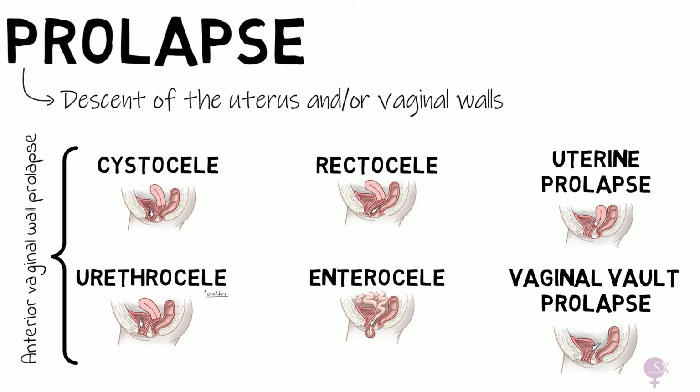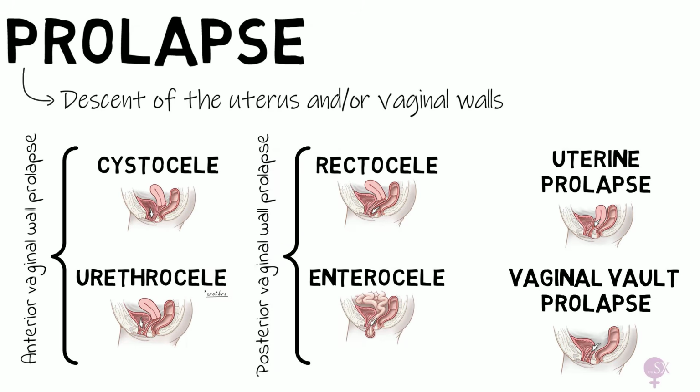The rectocoele and enterocoele, which push on the posterior vaginal wall, can be grouped as posterior vaginal wall prolapses, and a uterine prolapse and vaginal vault prolapse, which push the vagina from above, are referred to as apical prolapses. This grouping is important on examination to decipher which prolapse type we are dealing with.